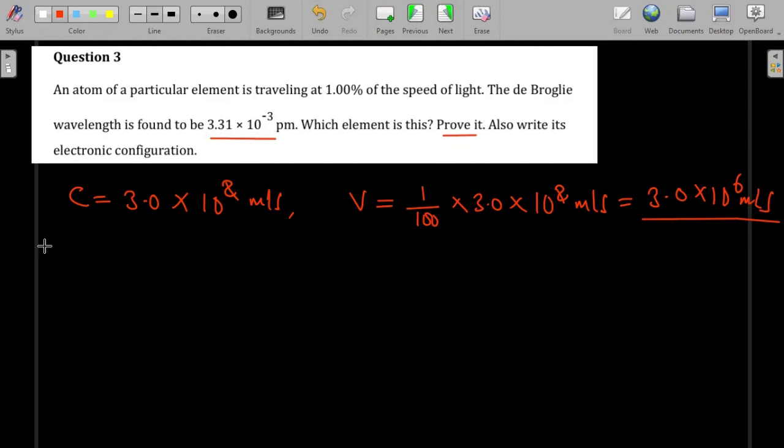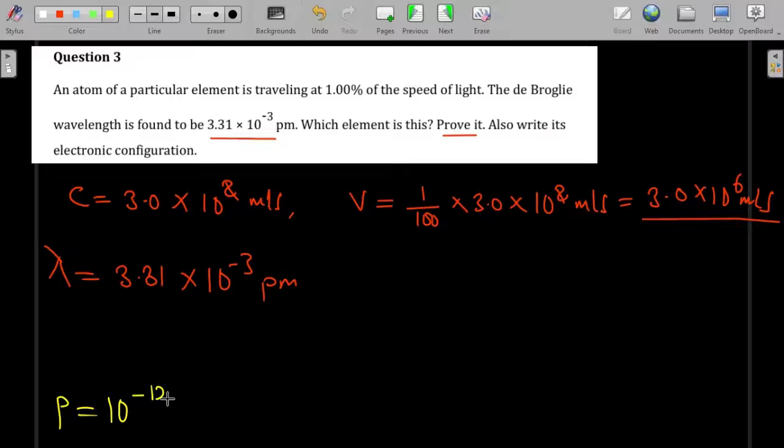Then the wavelength, notice we've been given in picometers, 3.31 times 10 to the power minus 3 picometers. So we have to change it into meters. Recall that pico from the metric system is 10 to the power minus 12, the first topic that you learned in chemistry. So I'm going to replace this pico with this.